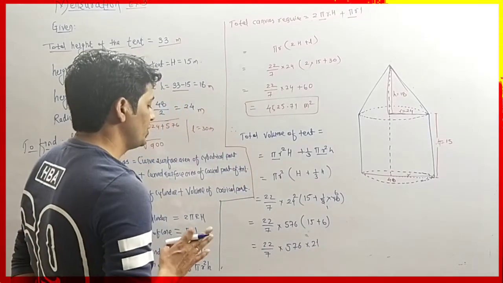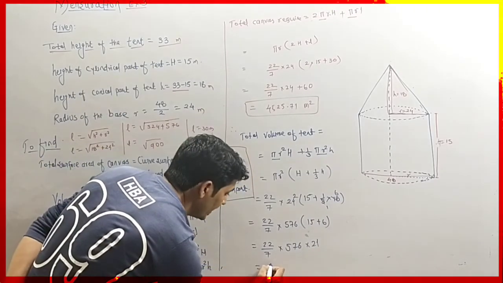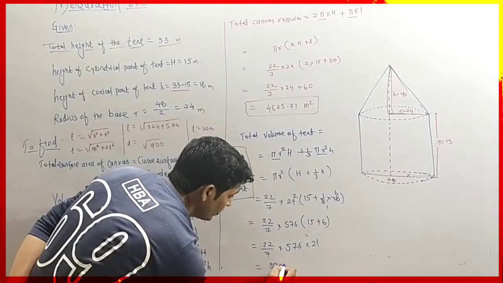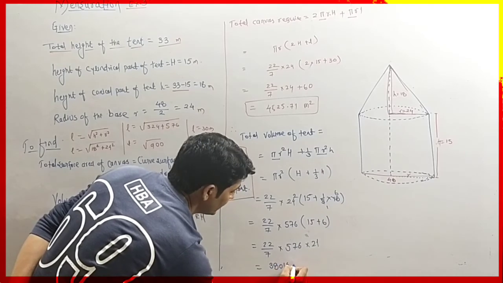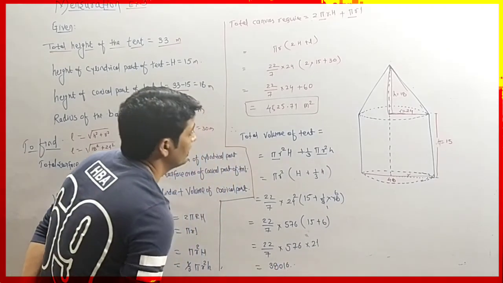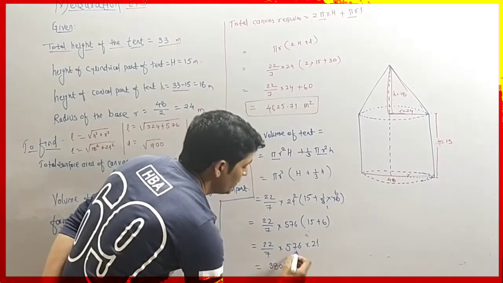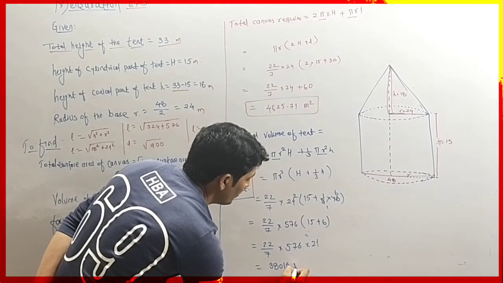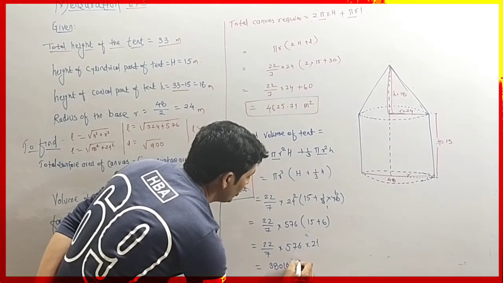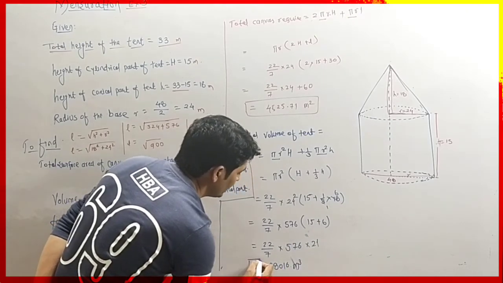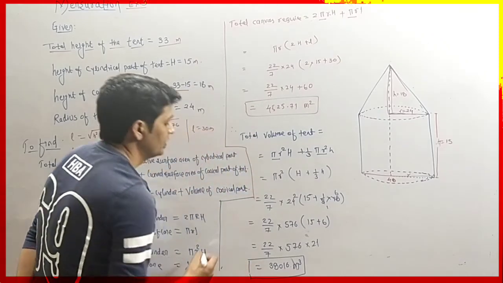Once you solve this, you will get 38016, and the unit of volume is cube, so cubic meter. So this is the second answer.